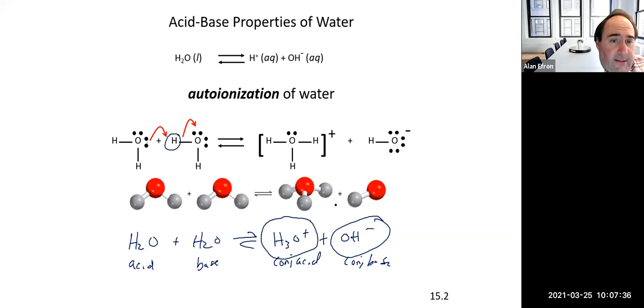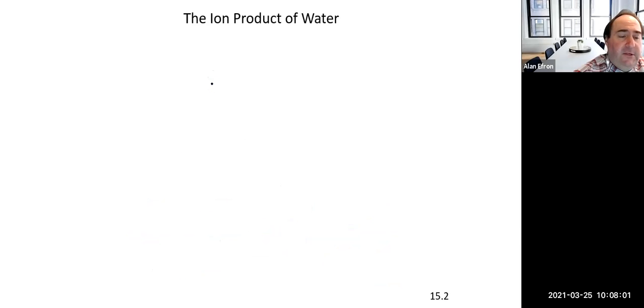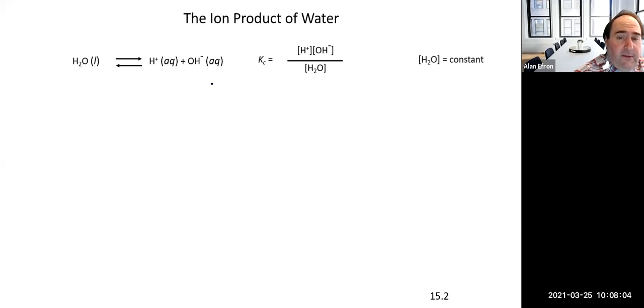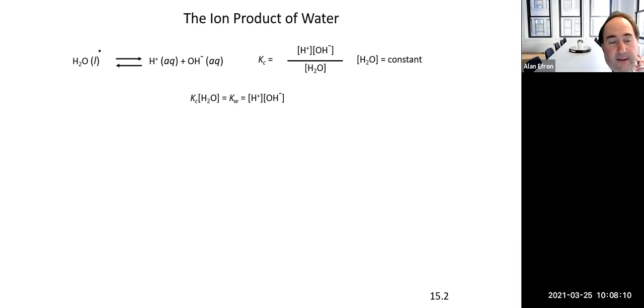You might also notice that this water reaction has arrows heading in both directions, which implies that it's a reversible reaction like we have up here. In a reversible reaction, as we talked about in the previous chapter, that will set up an equilibrium, and water does set up an equilibrium. It's an important equilibrium in terms of acids and bases and calculations, and it will be products over reactants. But just like we talked about with equilibrium, the one thing we don't include are things that are liquids, so they remain relatively constant.